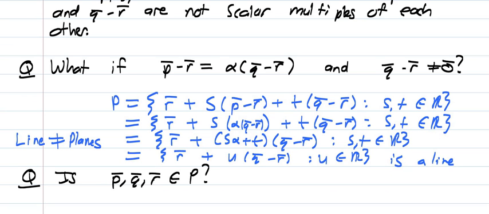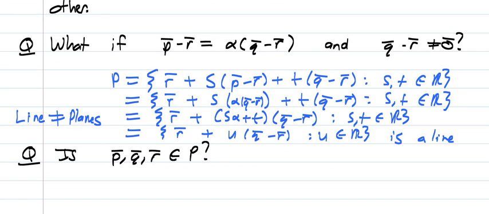Now the next question is, in our definition, is it true that P, Q, and R are sitting on this object? So we've defined an object to be a set of vectors that satisfies the form R plus S, P minus R plus T, Q minus R. But is this a good object? Well, if we make S naught and we make T naught, then this becomes R plus, if we multiply 0 with any vector, it becomes a 0 vector.